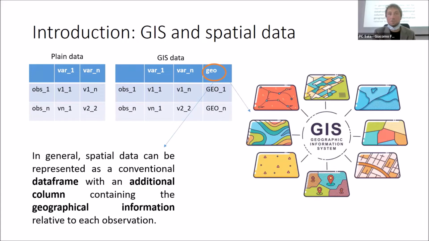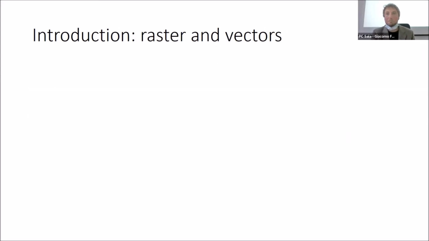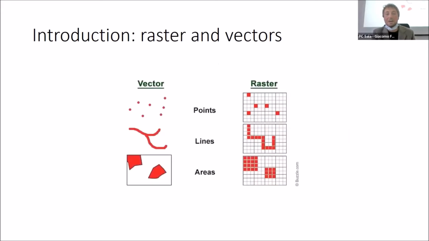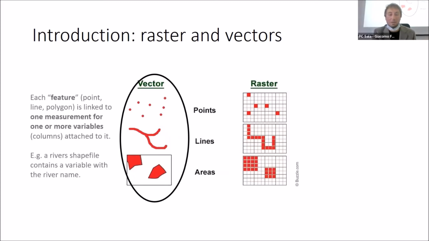And this geographic information can be of different types. Broadly speaking, it's divided into vector and raster data. Again, probably familiar to many of you. Vector data is basically points, lines, and areas. So everything that can be represented as a discrete measurement in space. So, for instance, a river, or administrative boundaries.